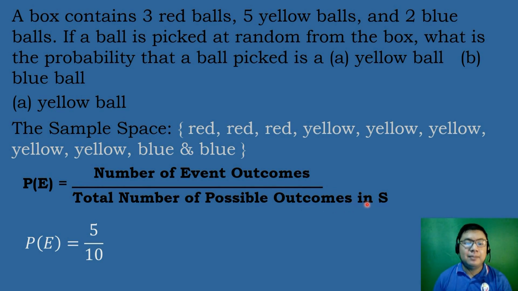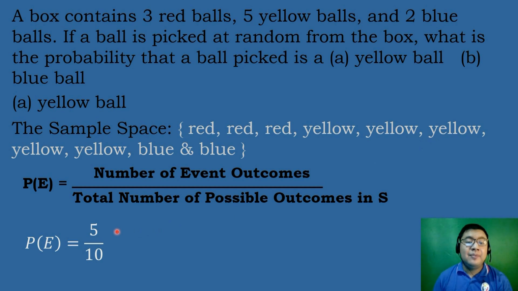in the sample space. So bring down P of E is equal to, so we will just substitute the number of event outcomes. So we are looking for the probability that we will pick a yellow ball. So all we need to do is to count the yellow balls that are located in the sample space. So we have 5 yellow balls.